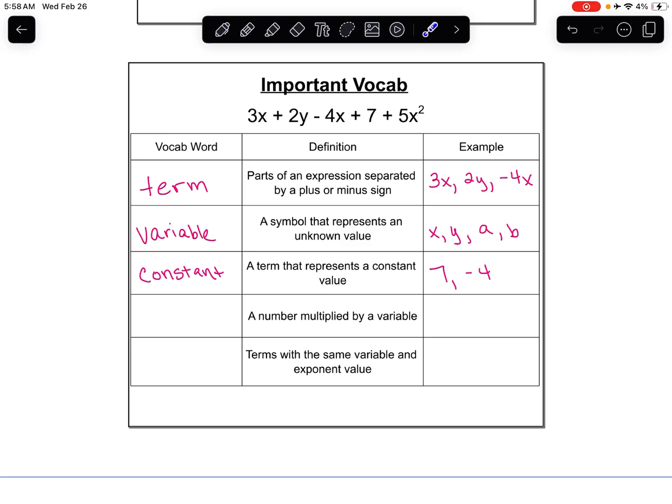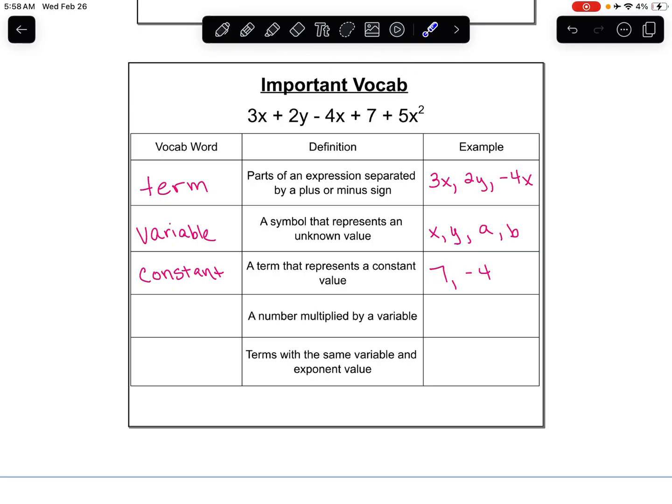So in this example above, we only have one number that is a constant. The rest of these all have a variable, so that means they are not constants. The 7 in this example is the only constant. I added negative 4 in here just as another example that constants could be positive or could be negative. They could also be decimals, they could be fractions.